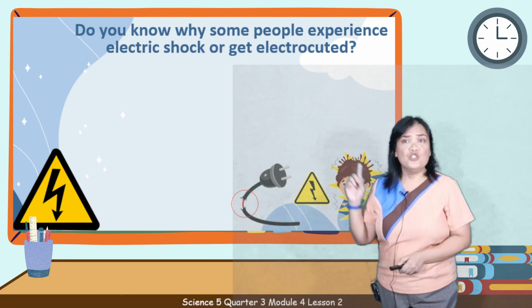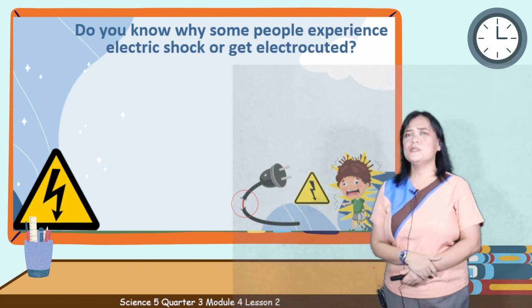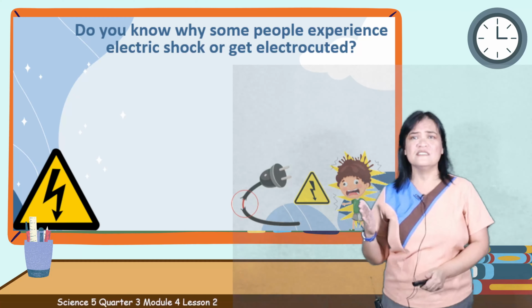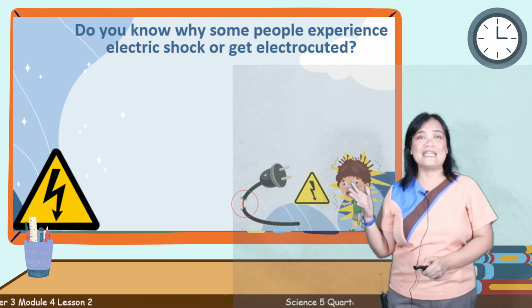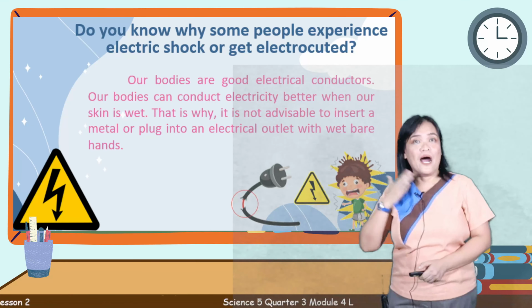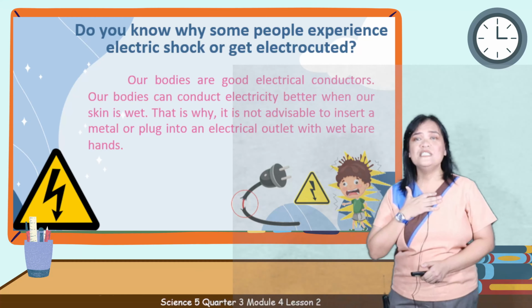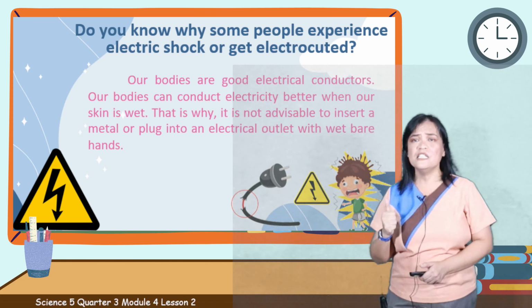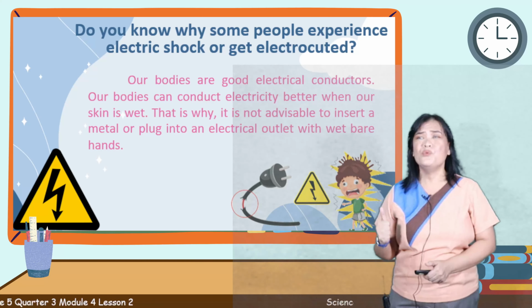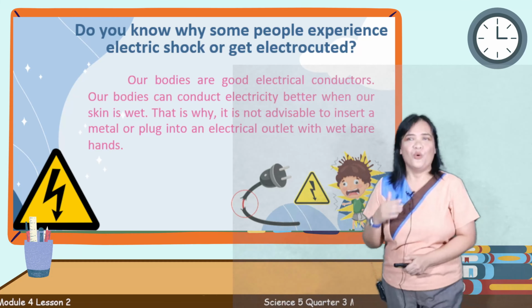Okay, do you know why some people experience electric shock or get electrocuted? Have you heard of any news about that? Because our bodies are good electrical conductors. Our bodies can conduct electricity better when our skin is wet.